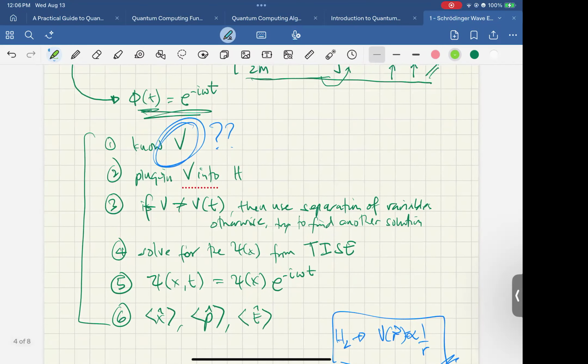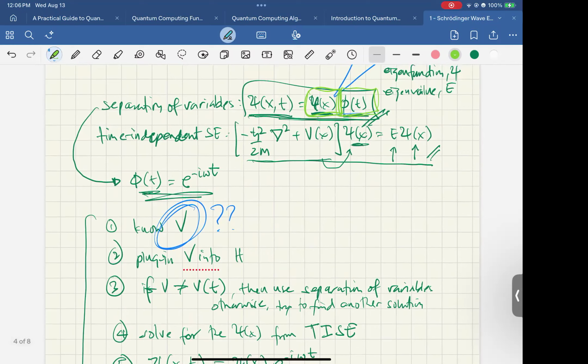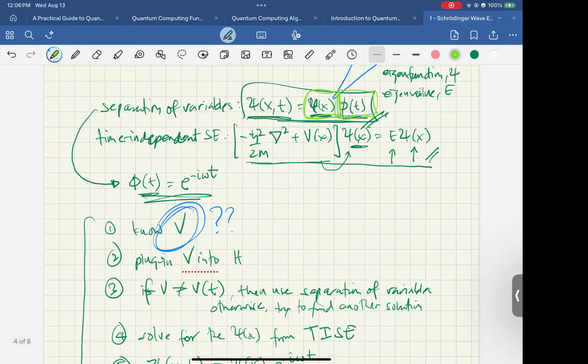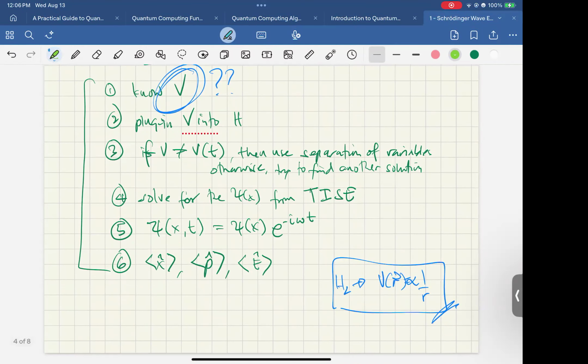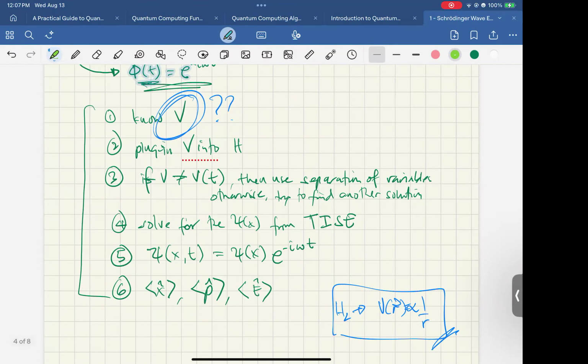Okay, and sinabi natin na we can do this if yung potential na ini-introduce natin sa system is not time varying. And then dinescribe din natin yung sort of general procedure kung paano tayo nagsosolve ng problems in quantum physics.